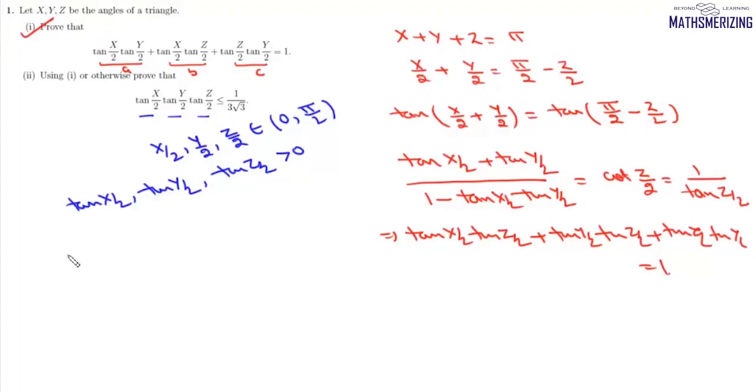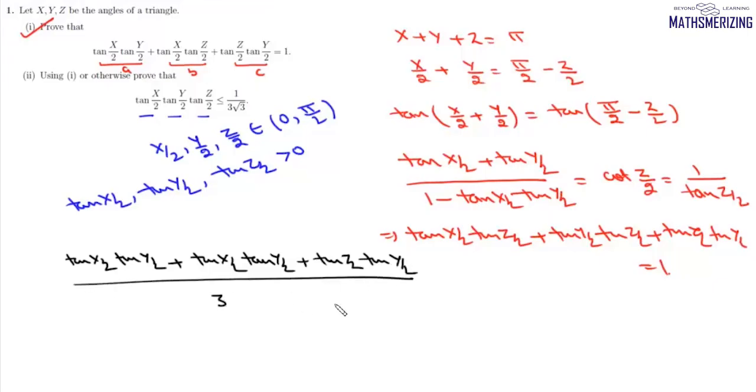So we can write (tan(x/2)tan(y/2) + tan(x/2)tan(z/2) + tan(z/2)tan(y/2))/3 will always be greater than or equal to their product to the power 1/3, and their product will be (tan(x/2)tan(y/2)tan(z/2)) to the power 2/3. Now we know that this sum is equal to 1.